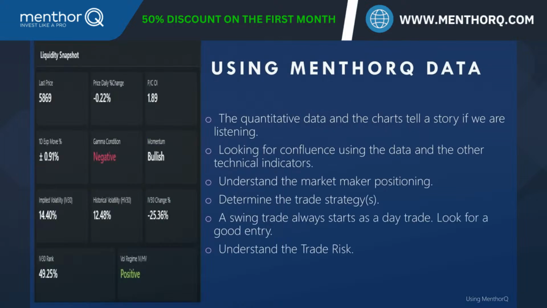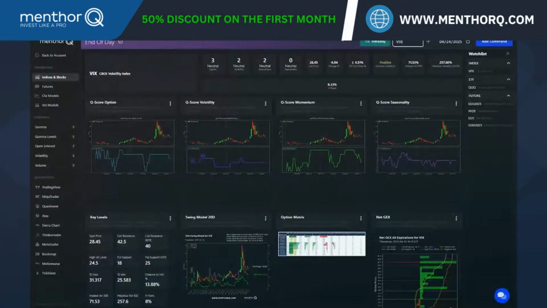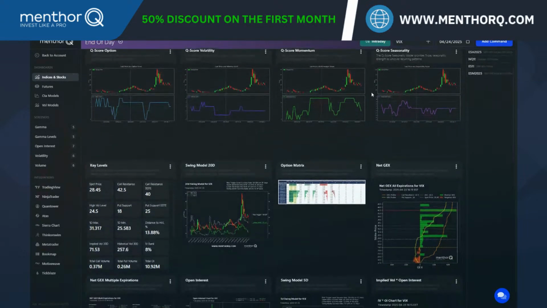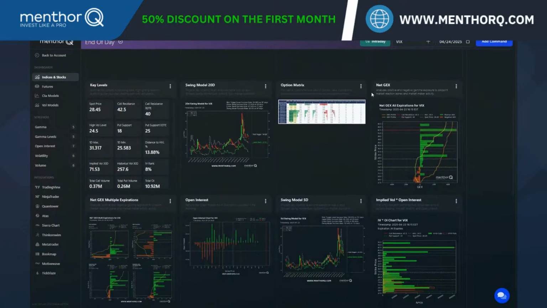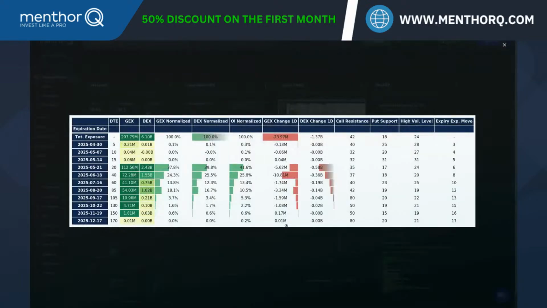Okay, so do you want me to show some of the features inside the data? We can just go over that. So, for example, right now I've brought up the VIX, and one of the things that's really very useful is to look at this option matrix.